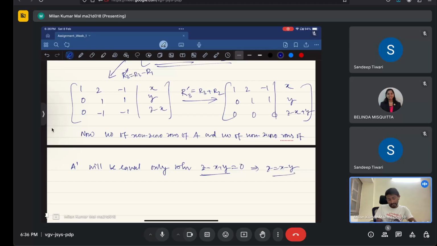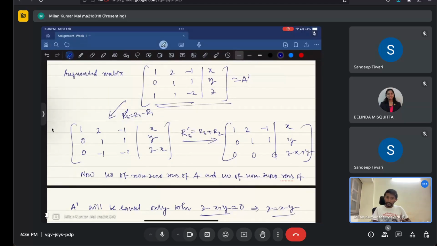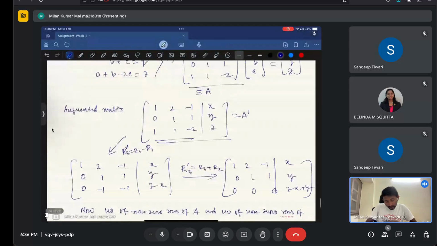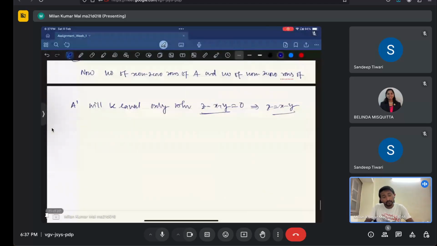So it is clear that the range space has dimension 2, because the number of non-zero rows in A is 2.